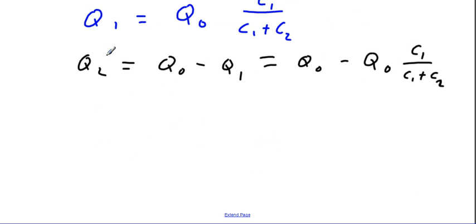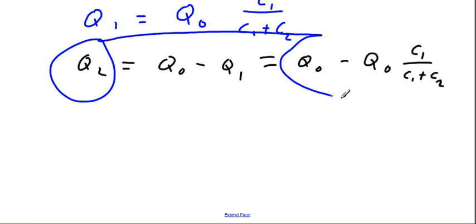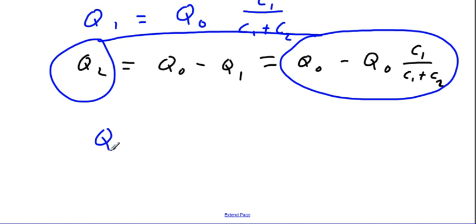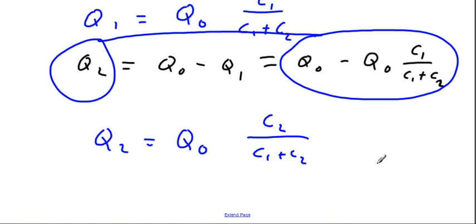So I've got that Q2 is equal to this, and I can find a common denominator and add those guys together and say Q2 is equal to Q naught C2 over C1 plus C2. Skipping enough steps to do that.